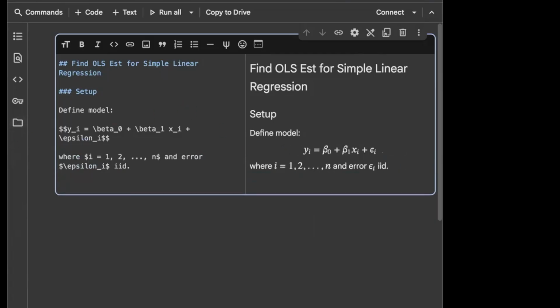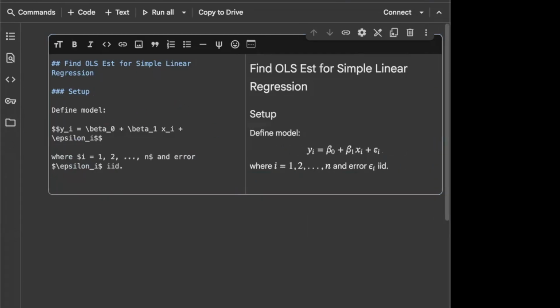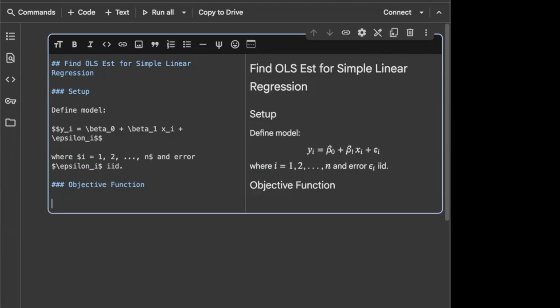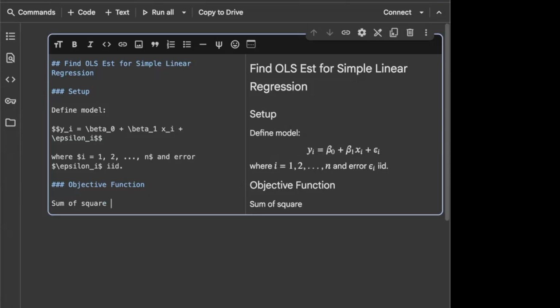Now, with this setup, we can talk about the objective function. We define the objective function as the sum of squared residuals.